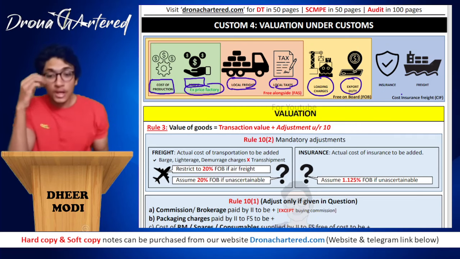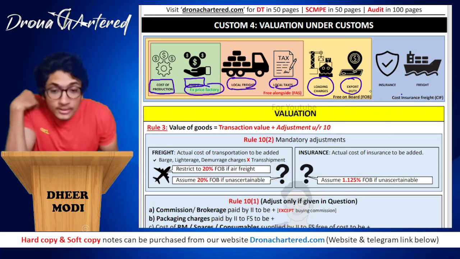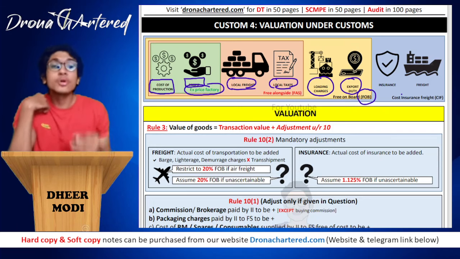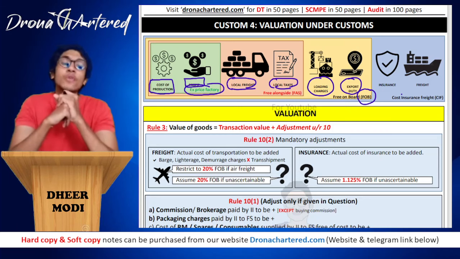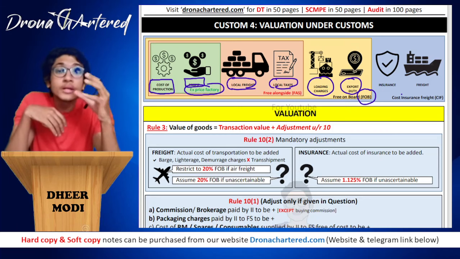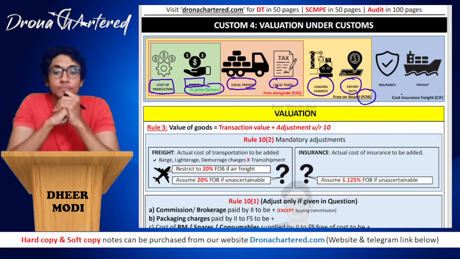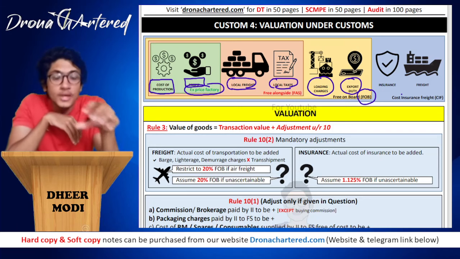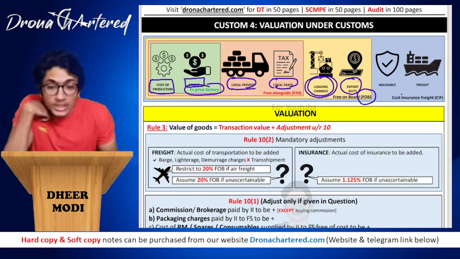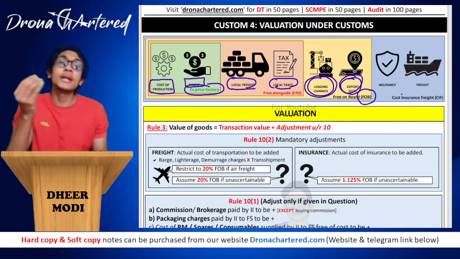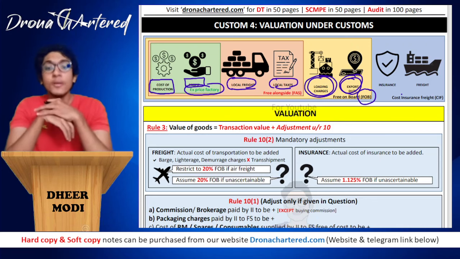So now this is called your FOB, that is free on board. Very, very important. The formula is: free on board is equal to free alongside plus loading charges plus export duty.